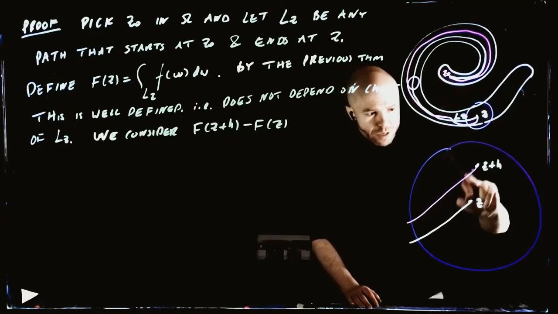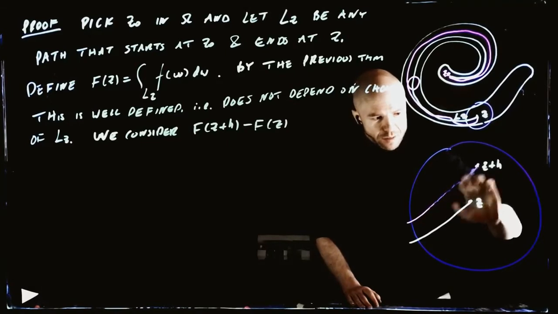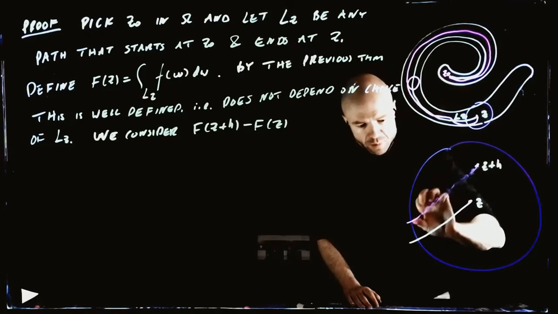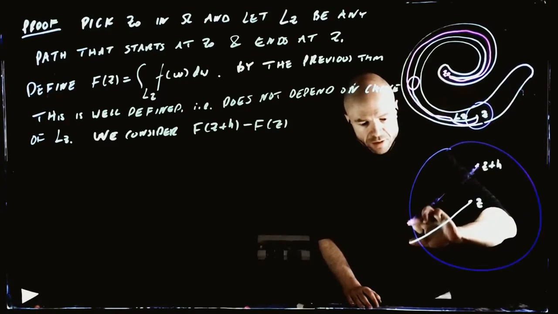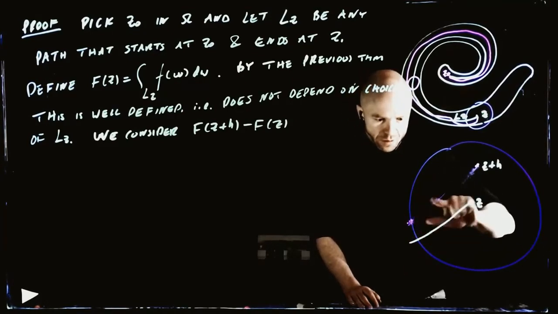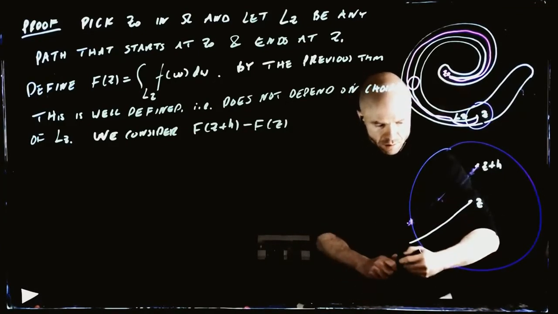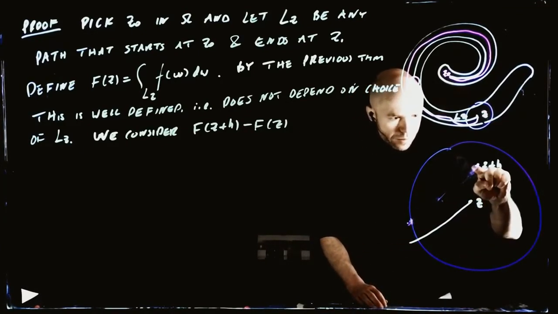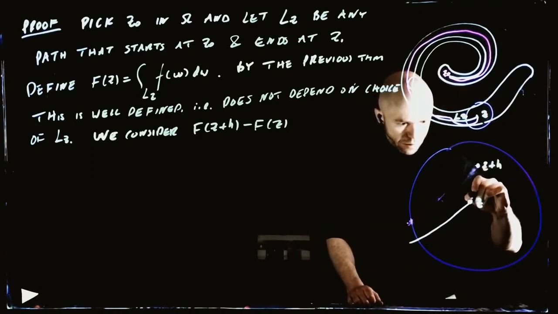It doesn't have to be this one, and it's most convenient if it isn't this one. Let's take the path that exactly follows the path that went to z, and let's just extend it up in a straight line up to z plus h, right? So let's take the path that goes up like this.